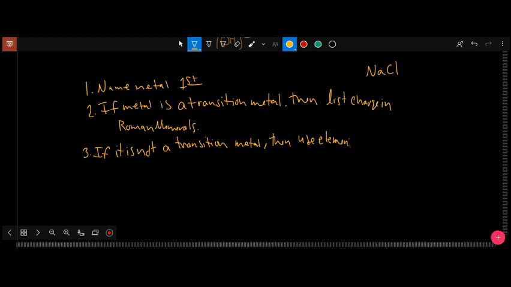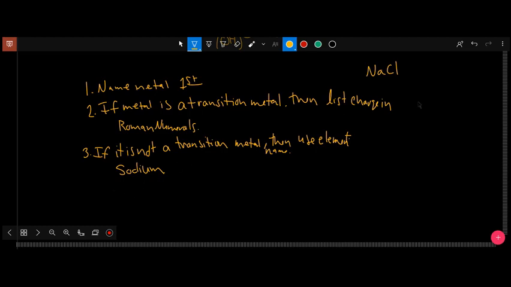I'm out of space here. So for example, because sodium is a group 1 metal, it is not a transition metal, so we just say sodium, just like it is on the periodic table. Now that again is the cation.